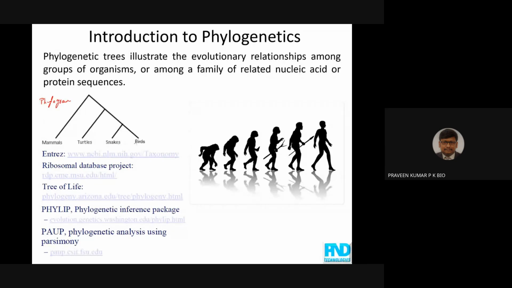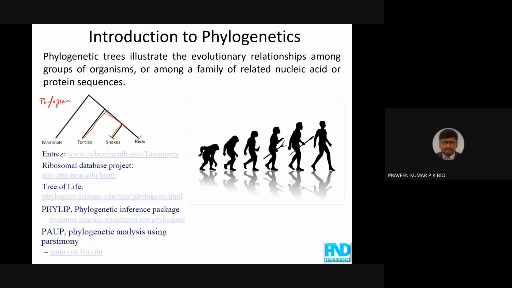And if you see which is more closely related, whether birds or snakes, to the turtles, if you compare, you see the length of this branch for snakes is small, but the length for birds is large. From turtles you come here and see this, so this is a shorter path when compared to this.